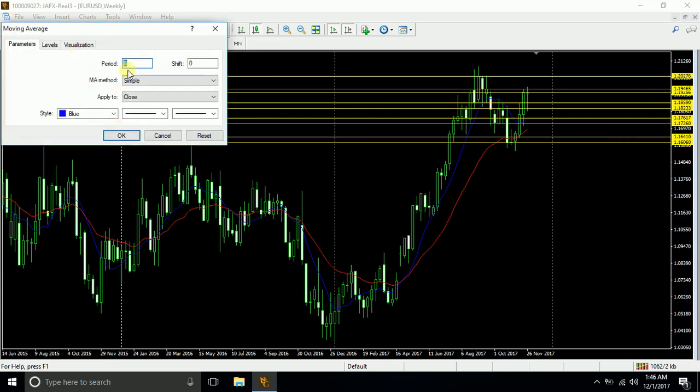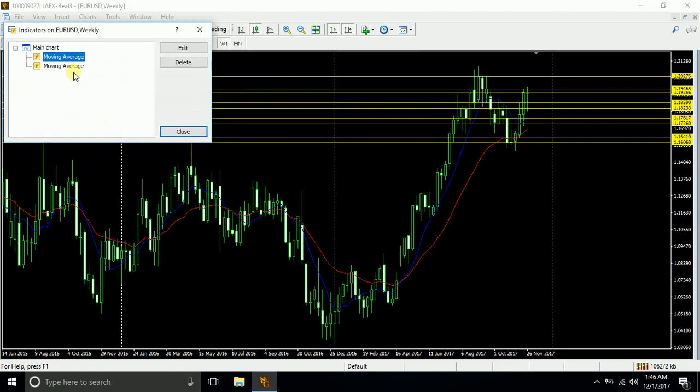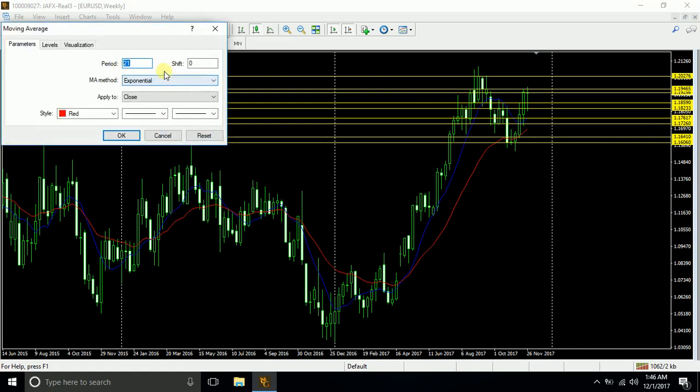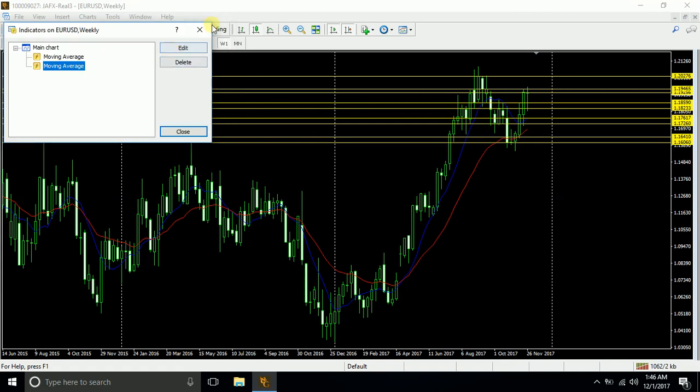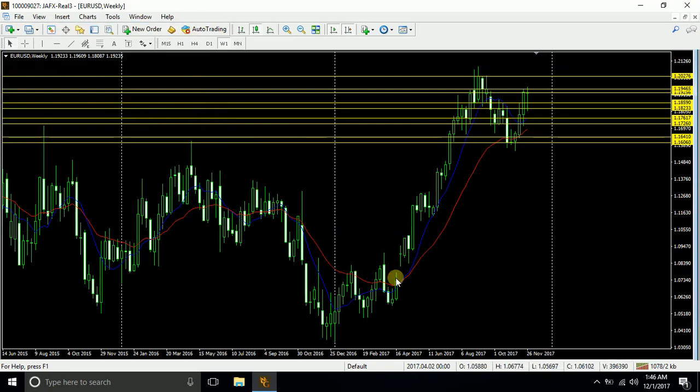Okay, guys, change those colors. The 8 moving average, simple, is going to be blue. The 21 moving average, exponential, is going to be red. Okay, now for this strategy, your red cross is your signal.